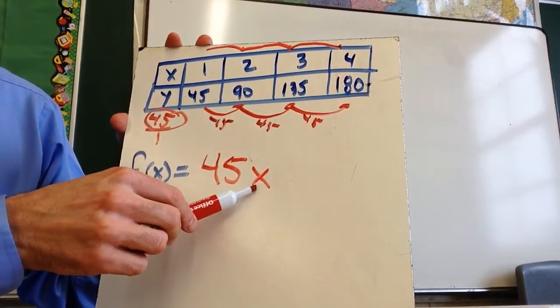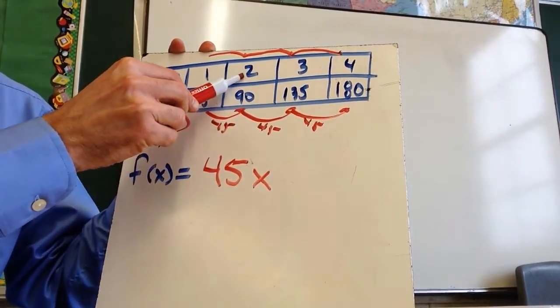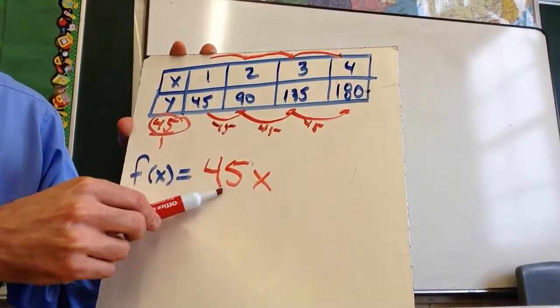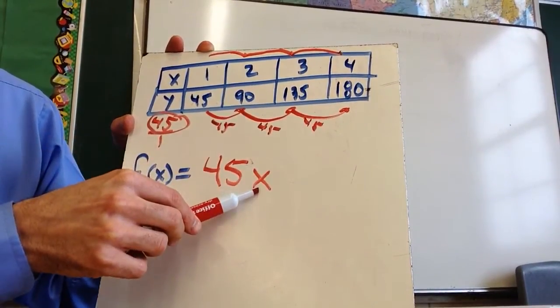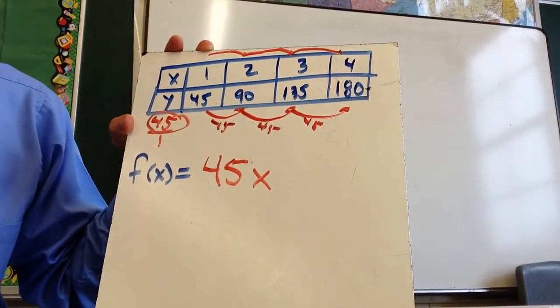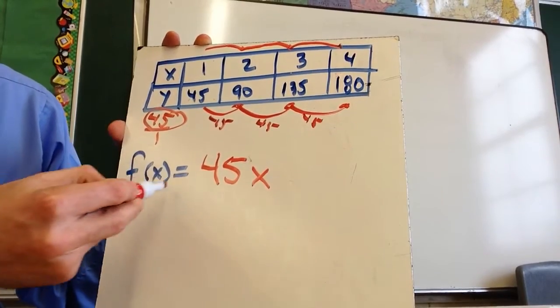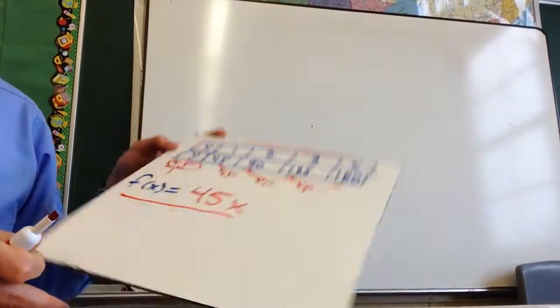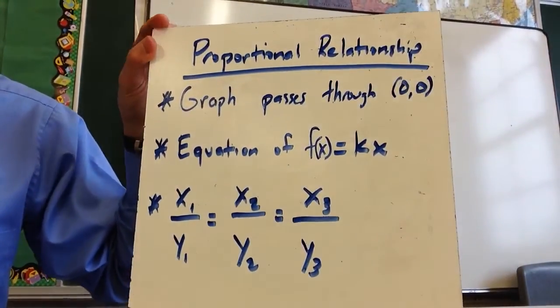If I put a 1 in here for x, 45 times 1 is 45, gets me there. If I take a 2 and substitute it in for x, 45 times 2 is 90. Take a 3, substitute it in for x, 45 times 3 is 135. And then obviously it goes on. So this formula works, which means it can be written as the equation f of x equals kx.